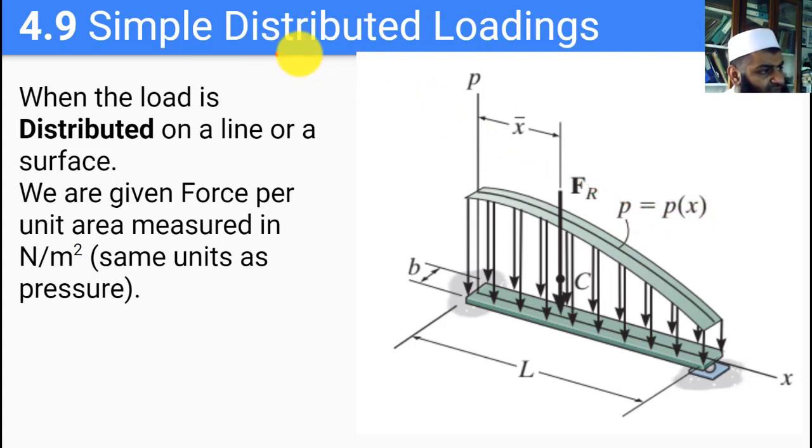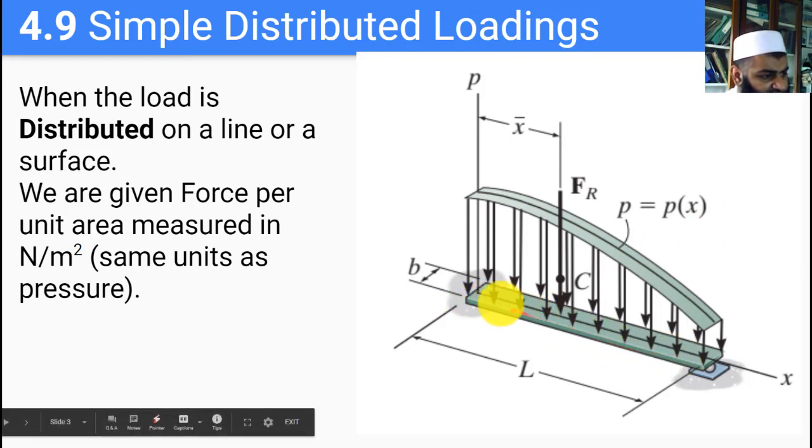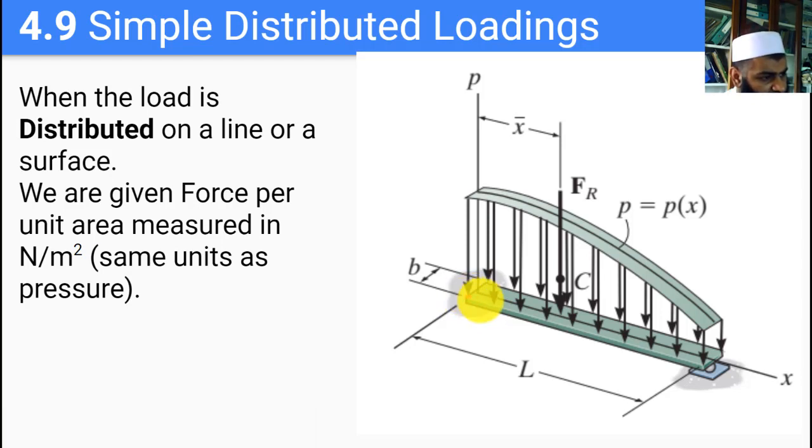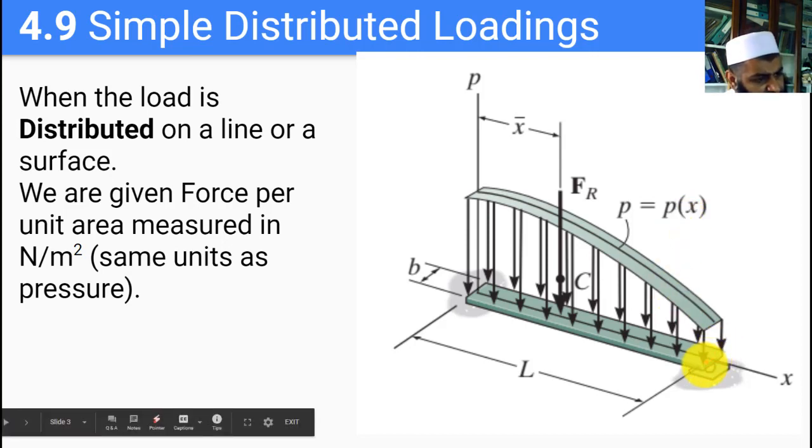When we say a simple distributed loading, we basically mean that our P function, or the force per unit area function, only depends on one variable. So it is allowed to vary along one of the axes. Like in this case, the P function is a function of x. That means the force per unit area would be different at this point, and it would be different at this point, because it can depend on the variable x, but it is not dependent on the other variable, maybe y.